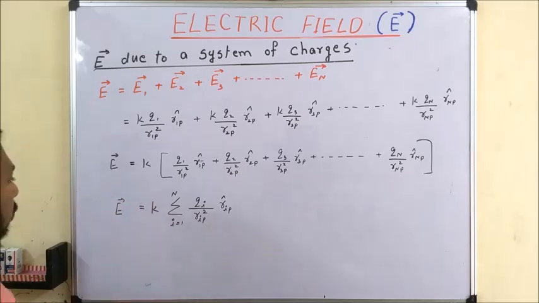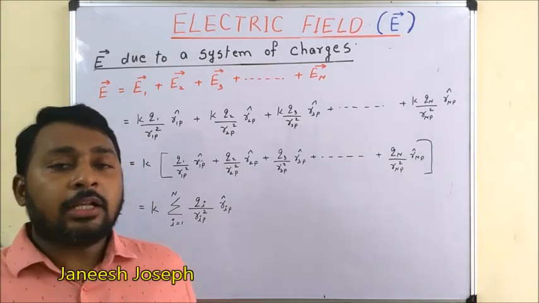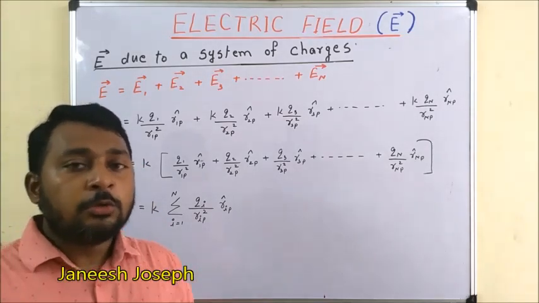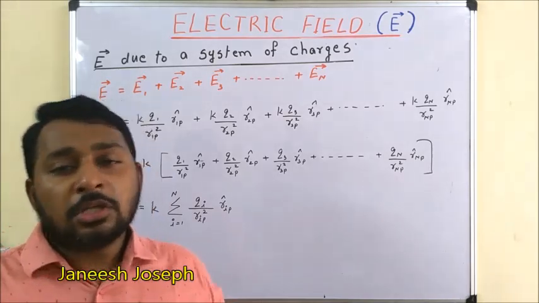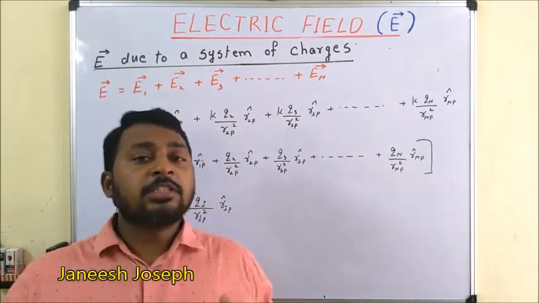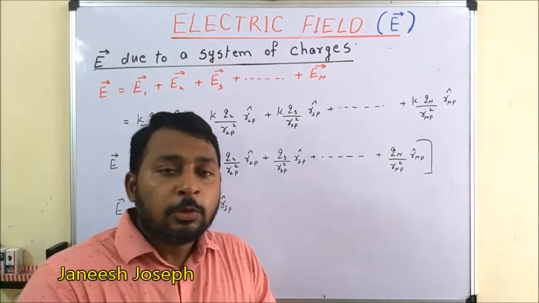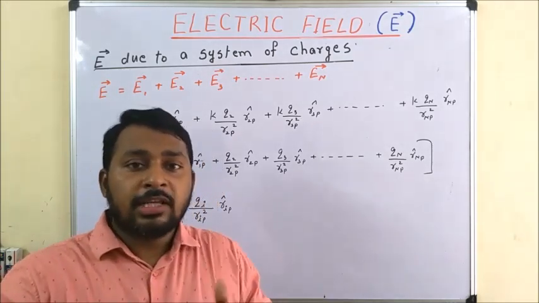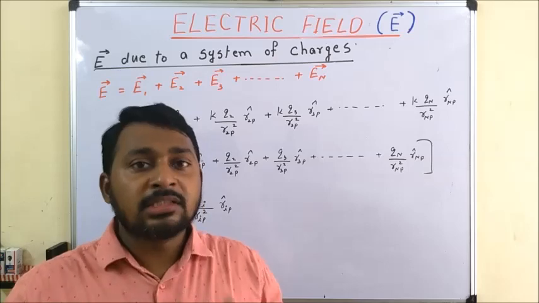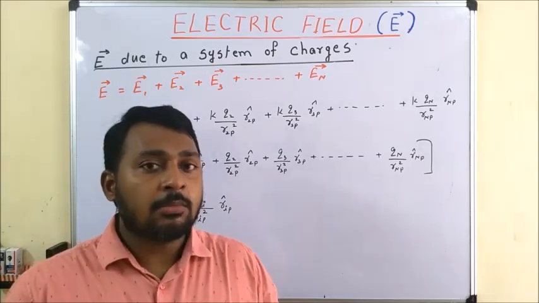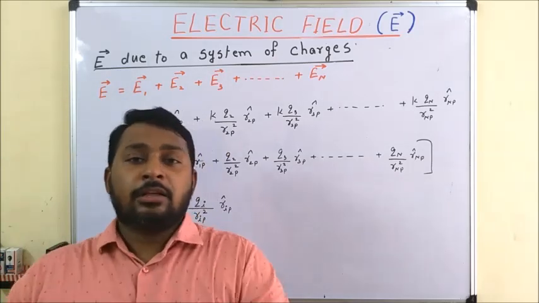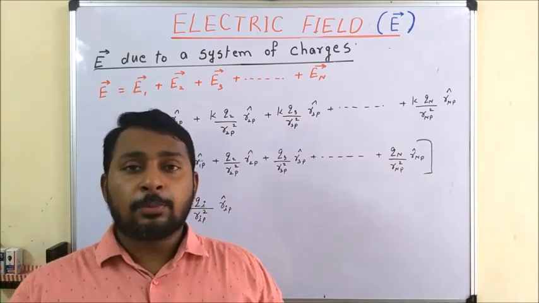And this equation will give you the net electric field at point P due to all the charges. According to the principle of superposition, the net electric field at point P due to all the other charges is the vector sum of the individual electric fields, and this is what we call the superposition principle.